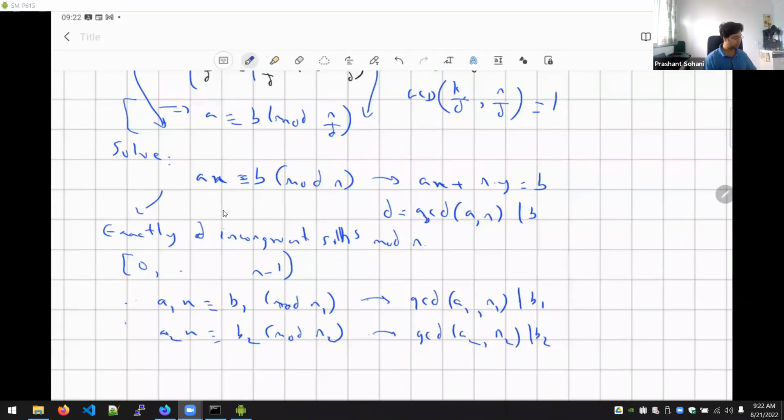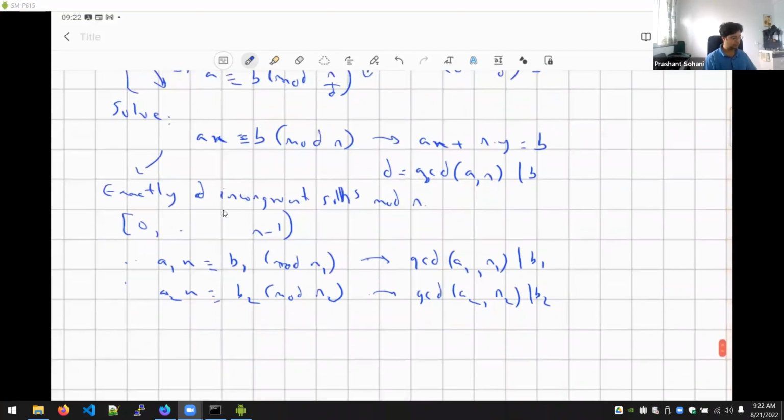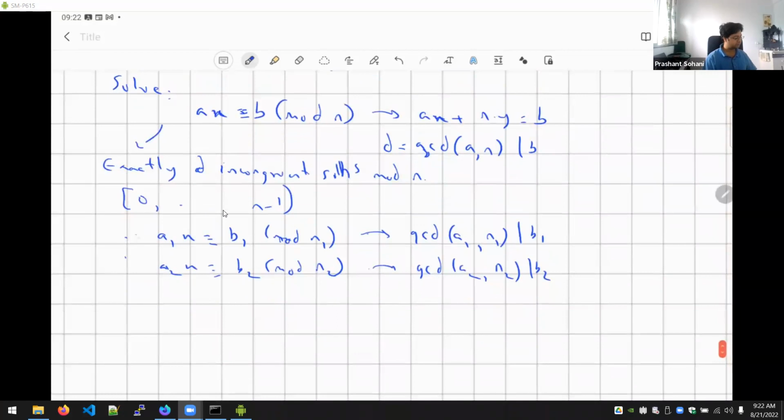So now first we want to see what could be the necessary and sufficient condition for a common solution to exist. Okay. So what do you think would happen? As we said last time, let's say the first equation has an initial solution x1. Okay. So the first equation has a solution x1 and the second equation has a solution x2. And as we noted, the entire solution set will be an AP starting with x1 and some offset.